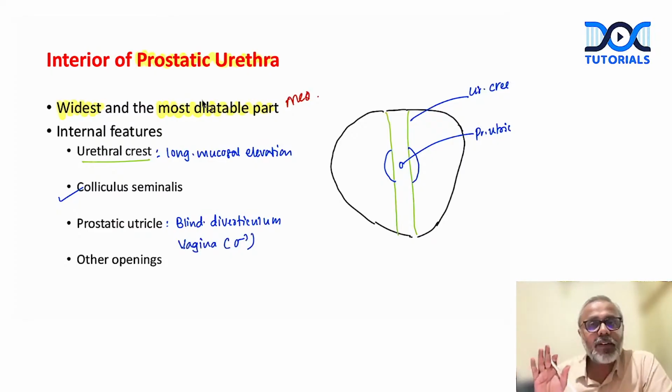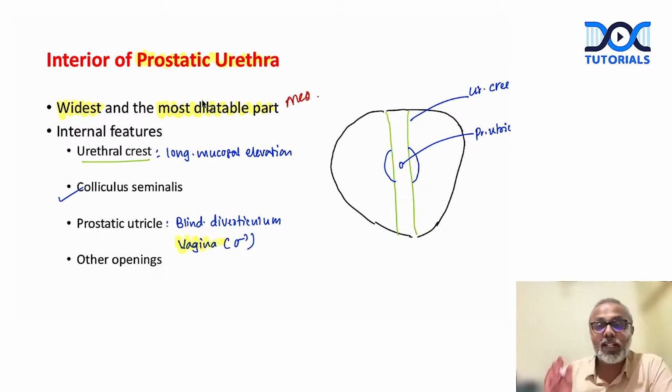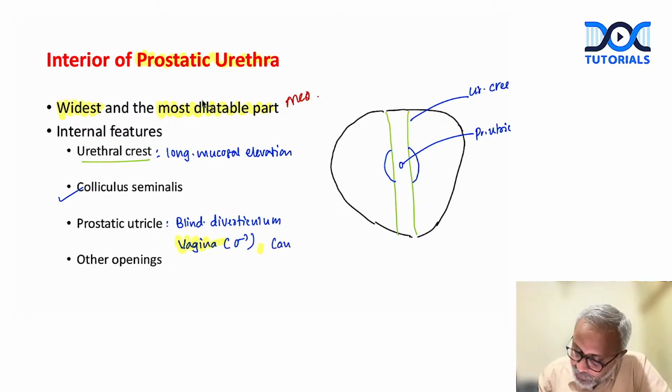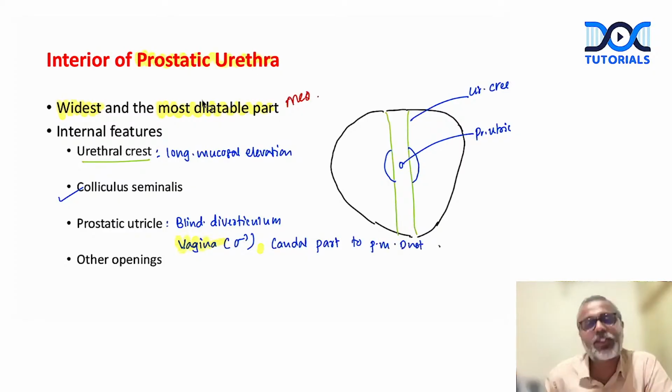A very important viva question. And once you have written this you need to highlight: this is the male counterpart of vagina because this is formed by fusion of the caudal part of paramesonephric ducts. Are we clear?